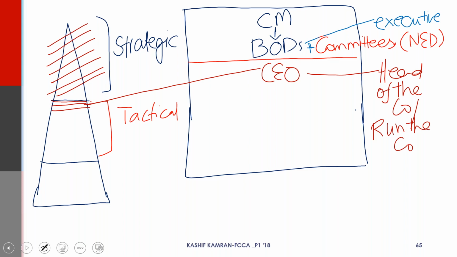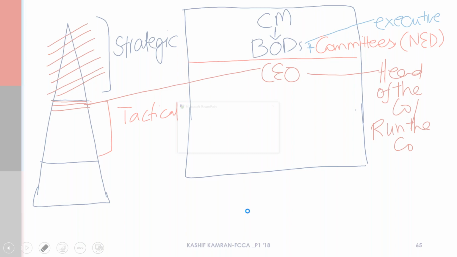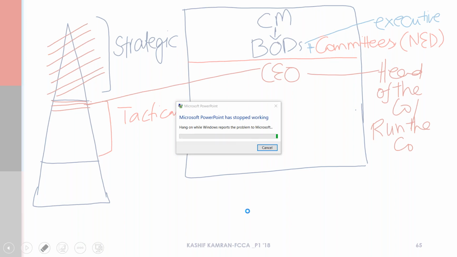The chairman runs the board. The CEO runs the company. So where is the CEO? The CEO is the head of the middle management, right?